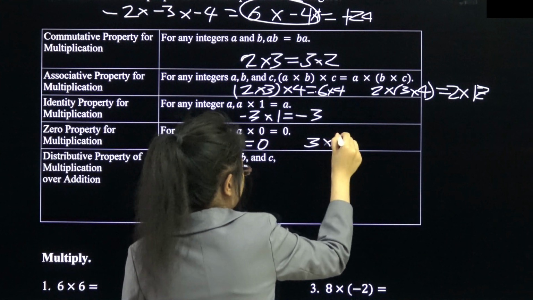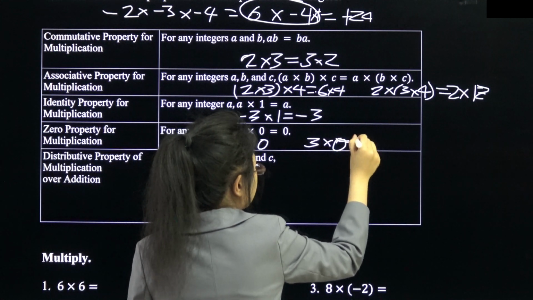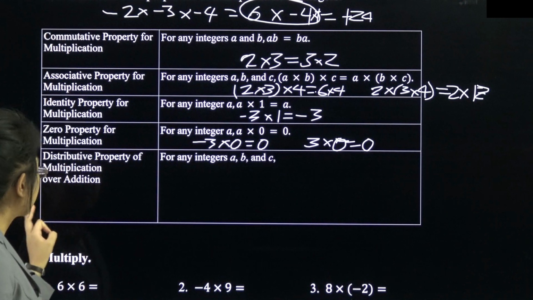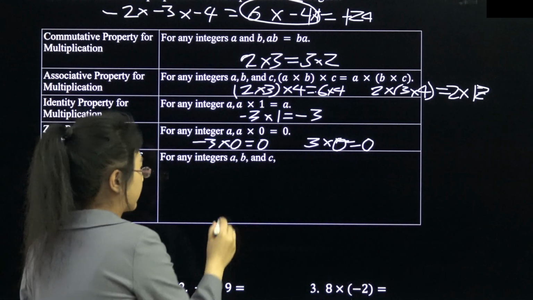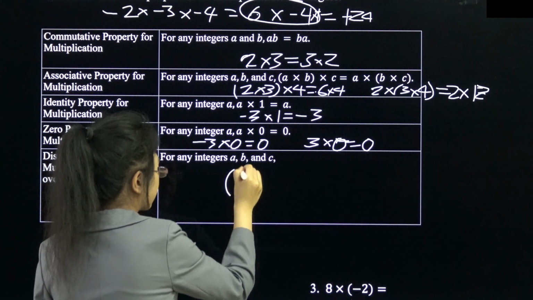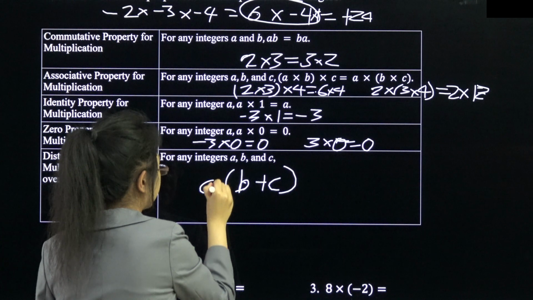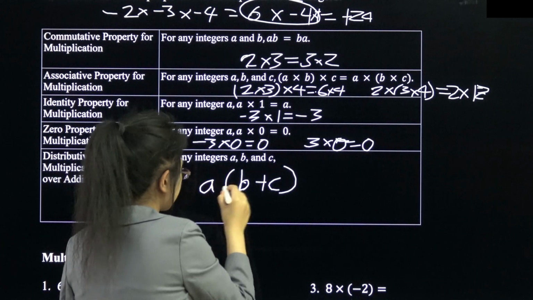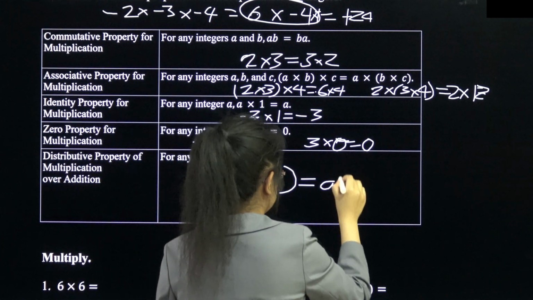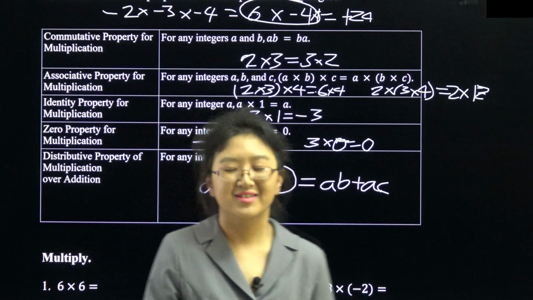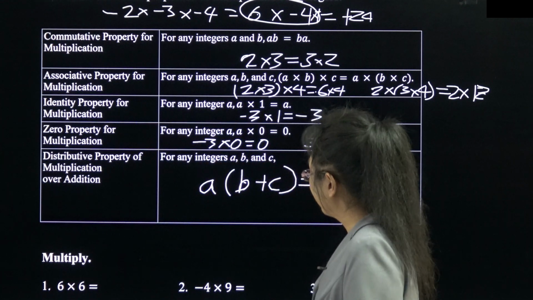Positive 3 times 0 equals 0. The distributive property of multiplication over addition is like this: A times (B plus C) is equal to AB plus AC. AC, air conditioning. Yeah, don't ask.